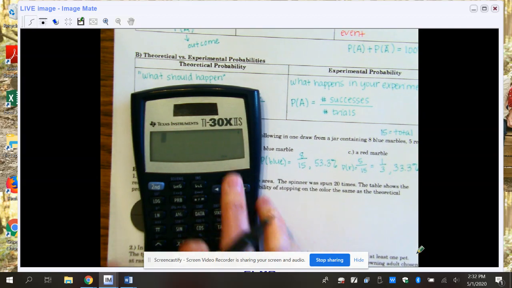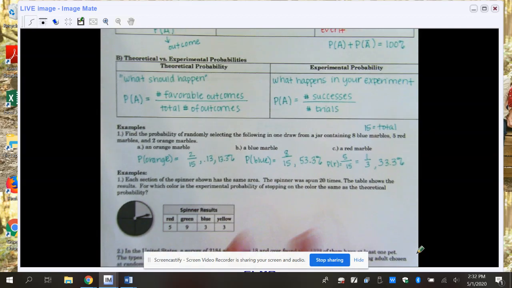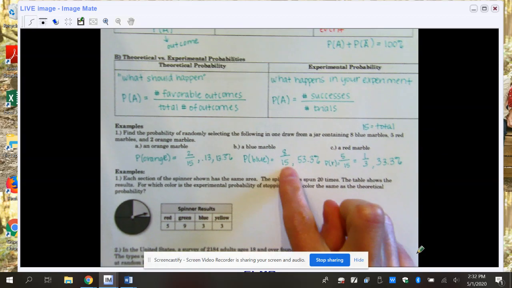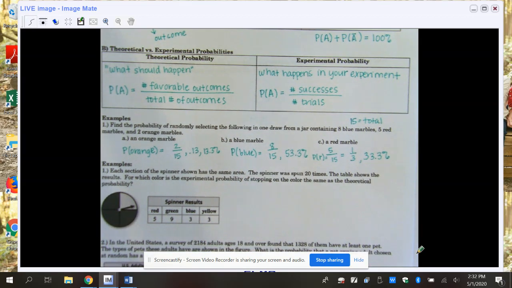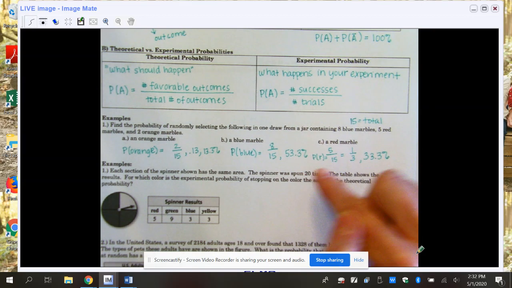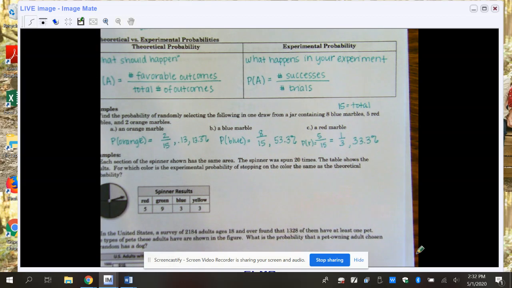Okay, so what I said before, when you're expressing probability, what I honestly care most about is that you can kind of visualize what that probability is. So if you can think of like a pie chart and understand that 8 out of 15 is going to be close to 1/2, then leave it as a fraction. But if you can't visualize what that fraction is, just do a quick change to percent.